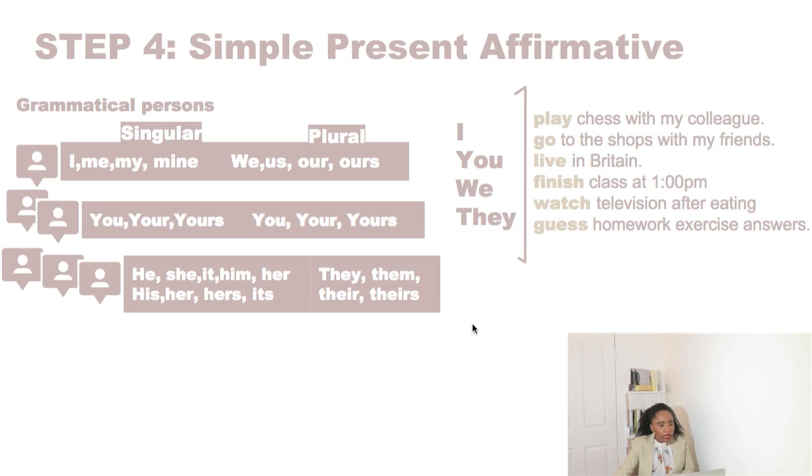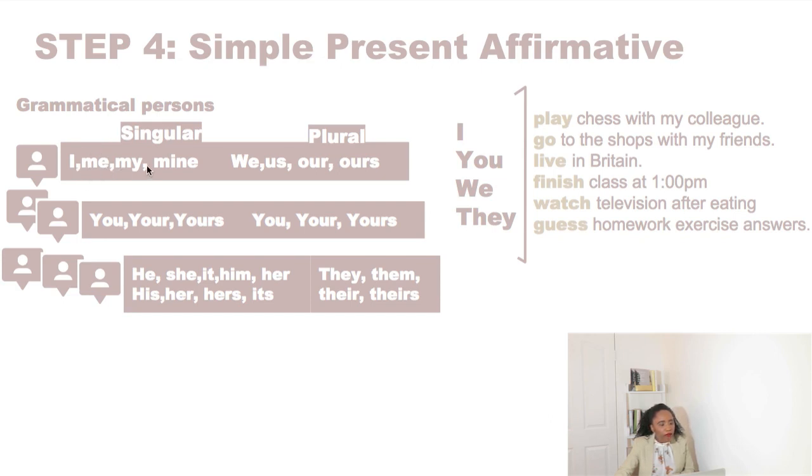Let's expand a little bit further on this. And I want to speak specifically about simple present as it applies to the affirmative. And I want to remind you at this point about the grammatical persons, which are always singular or plural.